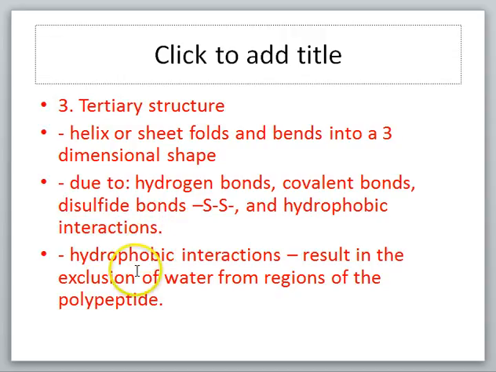Hydrophobic interactions are the result of water pushing these hydrophobic areas of the polypeptide chain away from the water, and thus pushing them in together, forcing them in together in order to exclude the water. And so all these different mechanisms are going to be involved in folding and bending this chain of amino acids into some three-dimensional shape.